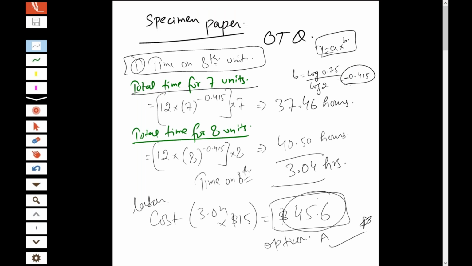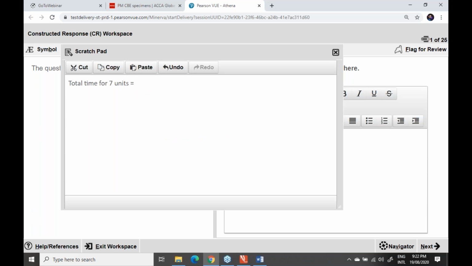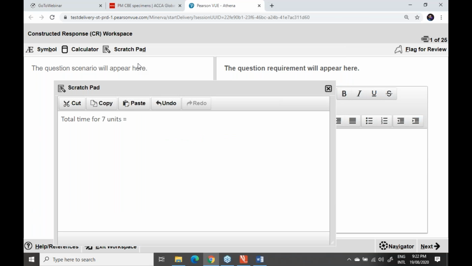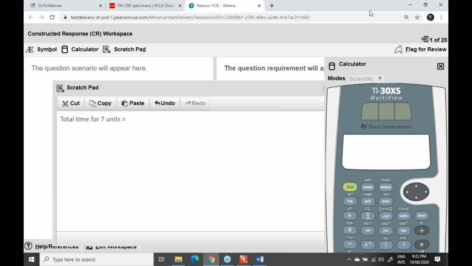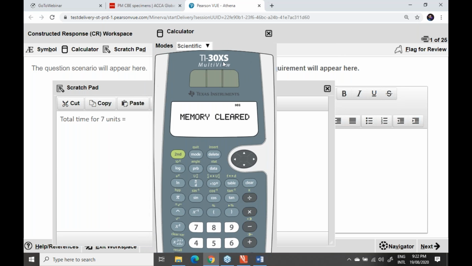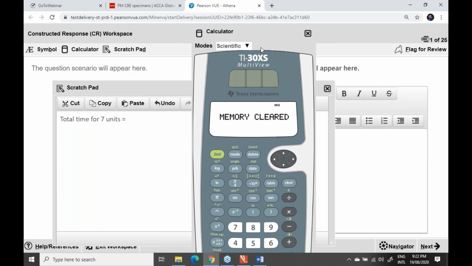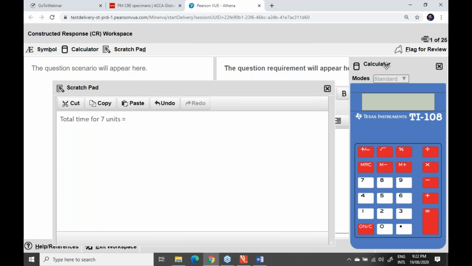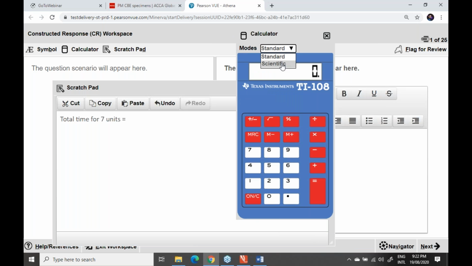Now, where 37.46 came from, I used my calculator. The calculator is even here. You can use your numerical pads. Is it clear? You can change your mode from standard to the scientific mode.